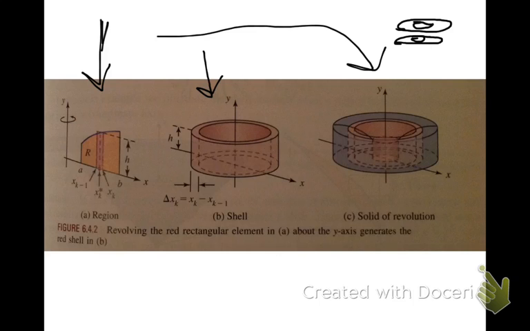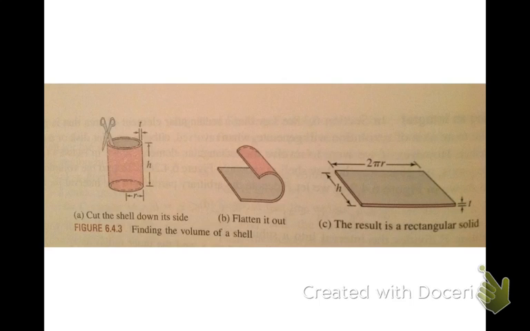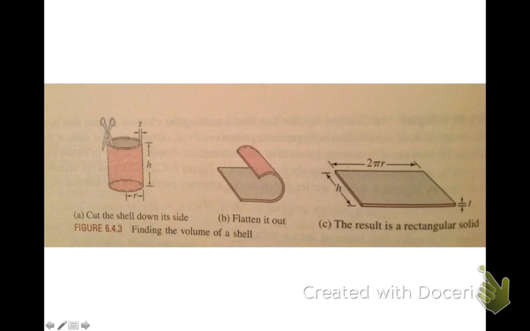Another picture that can be helpful is this. So this is a picture of the shell itself on the left, and you could think of it like a soup can label.